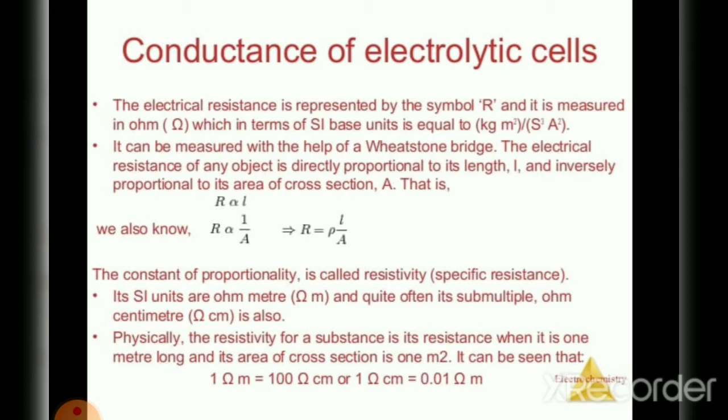It will be equal to R into A by L. If A is equal to 1 meter square and if L is equal to 1 meter, then rho will be equal to R. So, we can define resistivity of a substance as the resistance when it is 1 meter long and its area of cross section is 1 meter square.